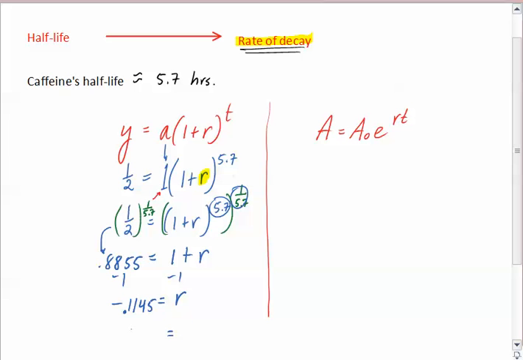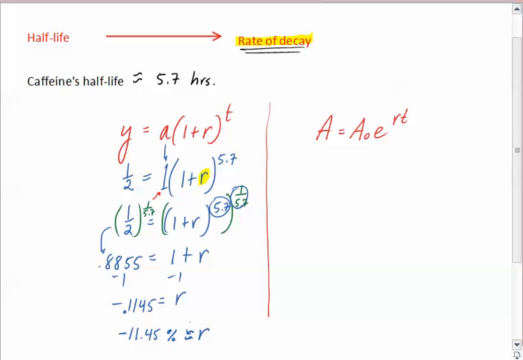Well, it's roughly a negative 11.45% rate of decay. Alright, so about an 11% rate of decay.